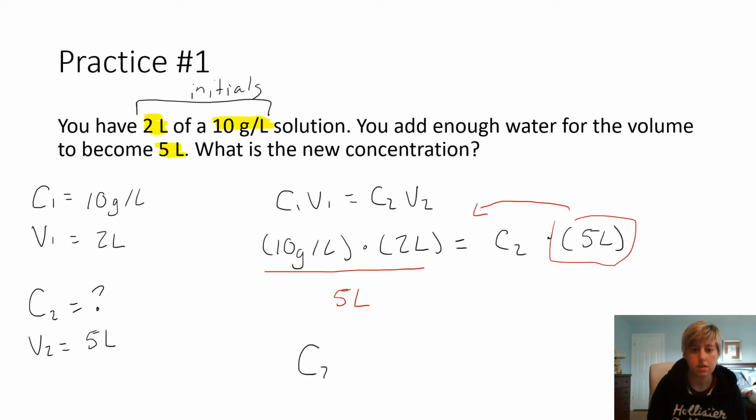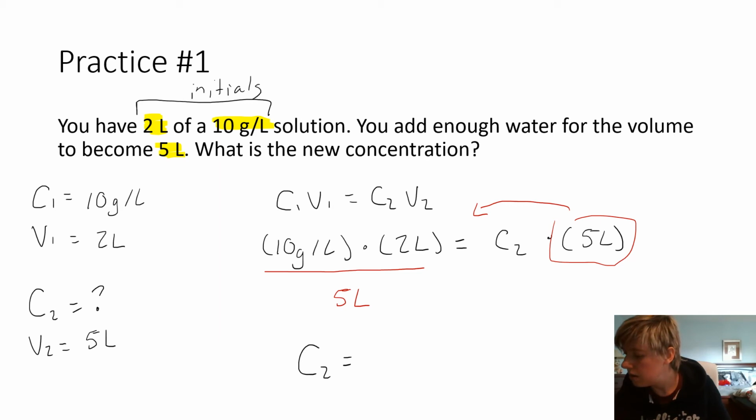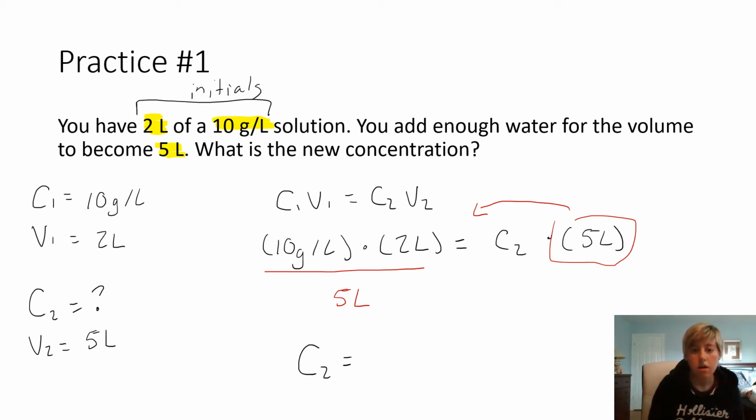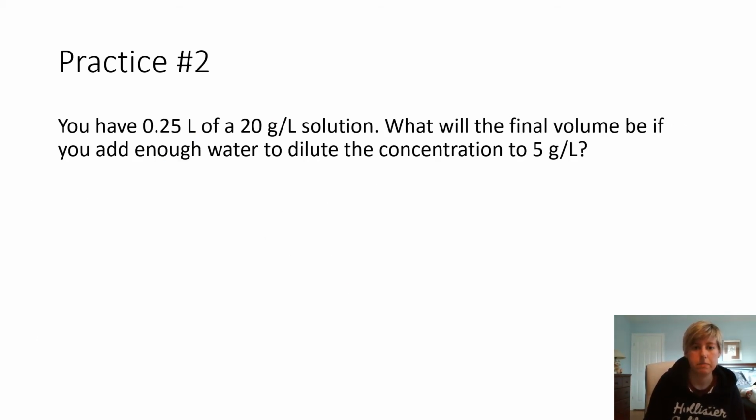So I get C2 is equal to 4 grams per liter, which actually makes sense because when I am diluting a solution, my concentration goes down because my total volume goes up, which is what I see right here. So we're going to do 2 more questions to practice this equation.